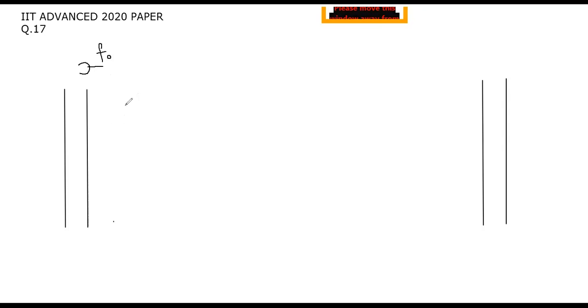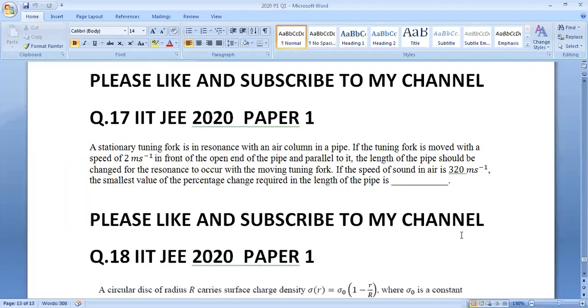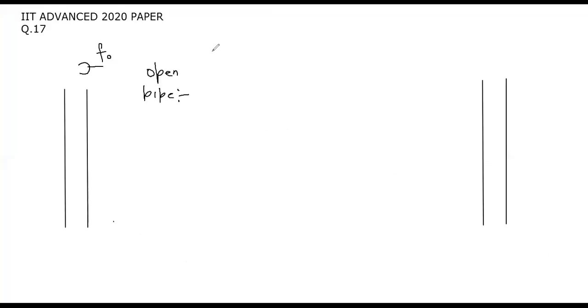Now we know that for an open pipe, now they are talking about open end, so we can assume that one end is closed and one end is open.